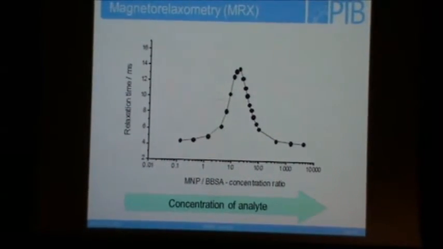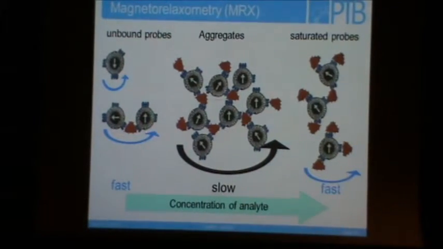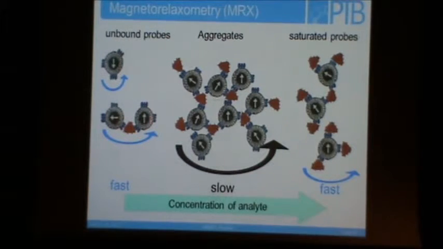And this can be explained by the rotational diffusion of the particles when molecules are attached to them, which might result in a network at a certain amount of concentration. And again, if these particles become saturated with these attached molecules, then they become loose again and the relaxation gets faster again.